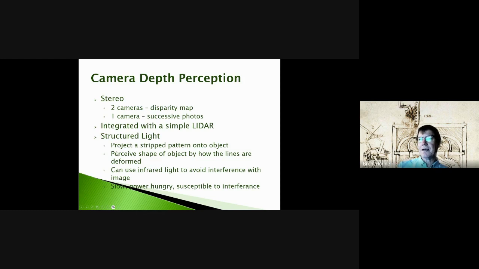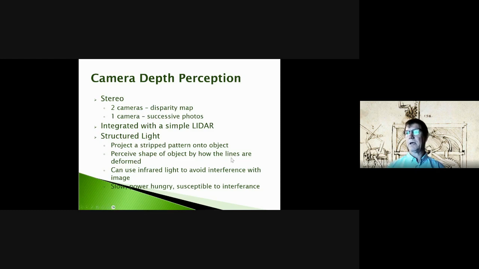Now, this is kind of interesting. You can project a striped pattern onto an object, and if that object looks three-dimensional, let's say it's a sphere, then when those striped patterns reflect back to the camera, they're going to appear bent or wrapped around that object.